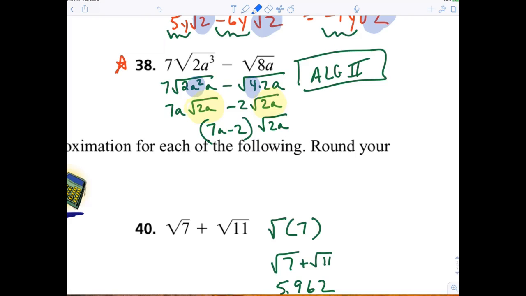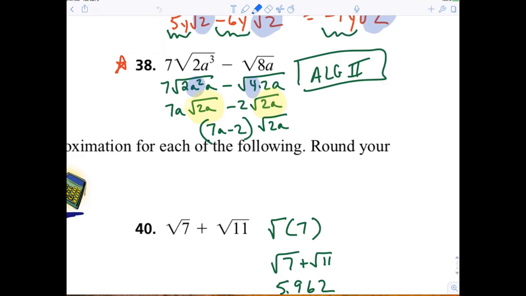The reason is that with 7a minus 2, you can't really combine because they don't have a's, but the radical is still the same. When you look at 2a cubed, you're supposed to see that's 2a squared times a, and the square root of a squared is a.